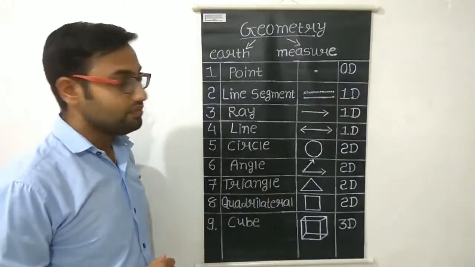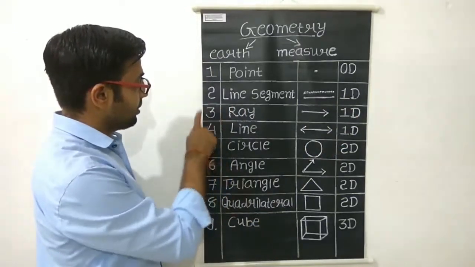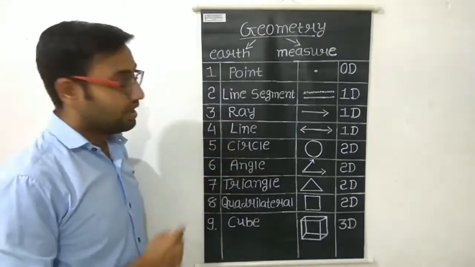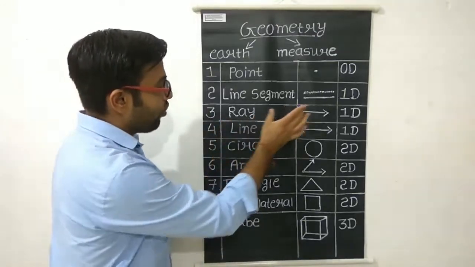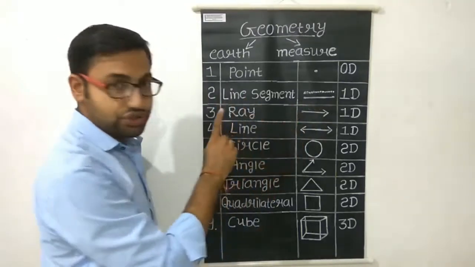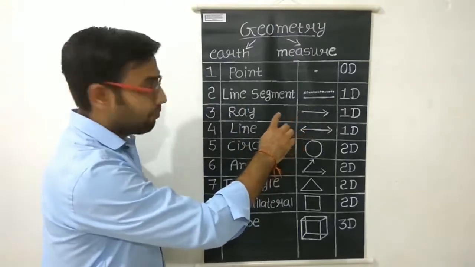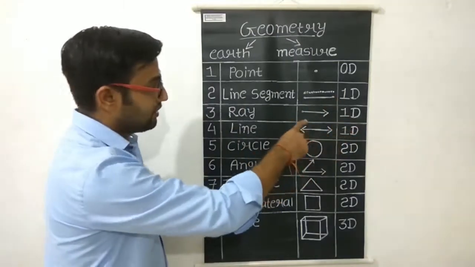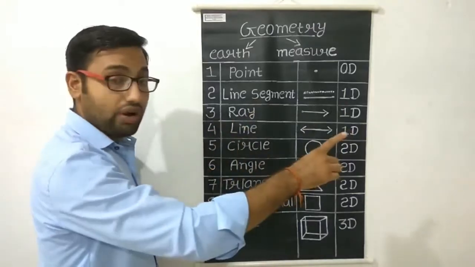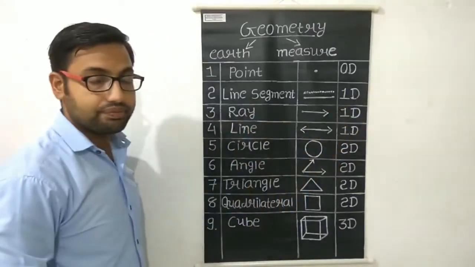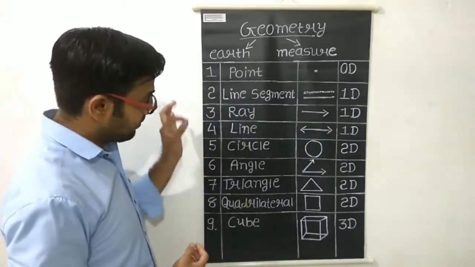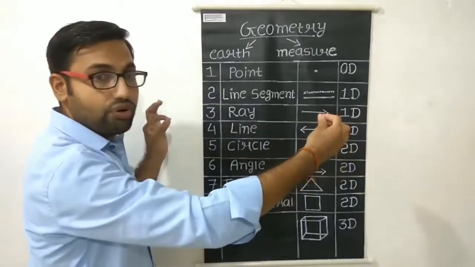Only one. Okay. Now the next terminology is a ray. What is a ray? A ray is a kind of line segment, but one point is fixed, like this point is fixed, while on the right hand side the line segment continues itself. That means there is no end at the right hand side. So how can we draw a ray which has one end point and the other side we don't know?